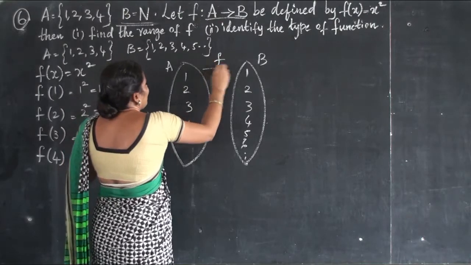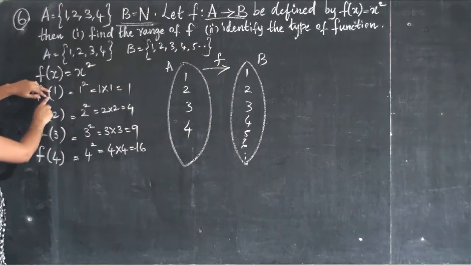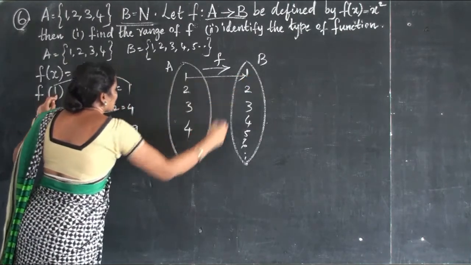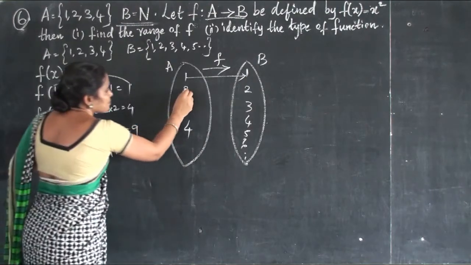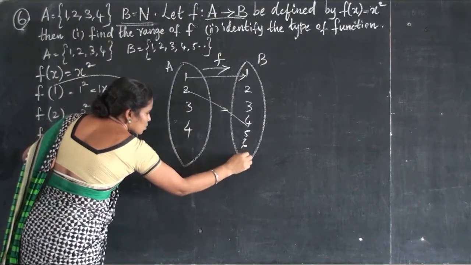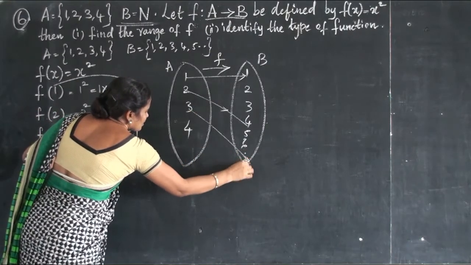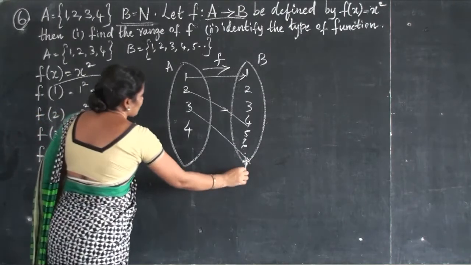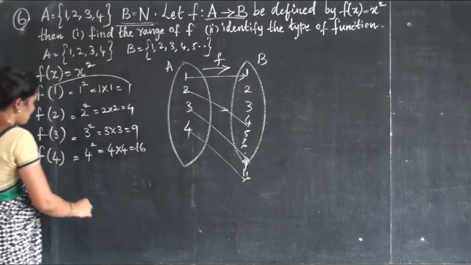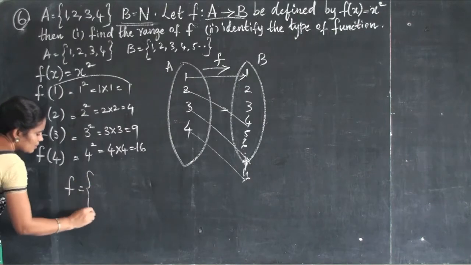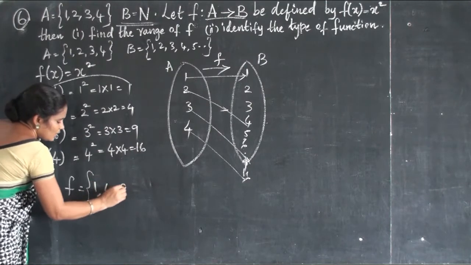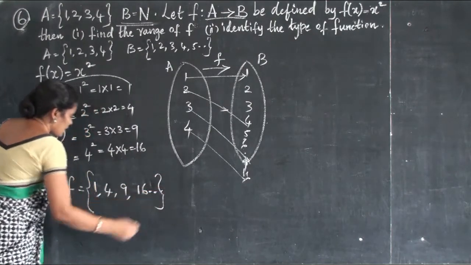And from here, for x, that is for 1, we get 1. For 2 it is 4. For 3 it is 9. And for 4 it is 16. Now find the range. What is the range? f of A is 1, 4, 9, 16.